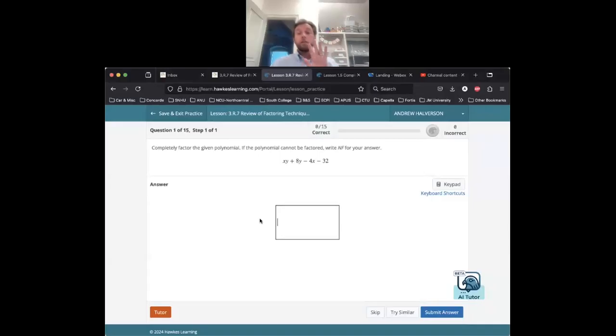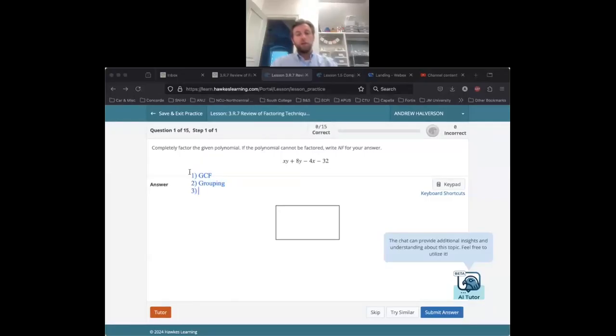When you think factoring, you should be thinking GCF, greatest common factor, grouping method, trinomials, difference of two squares. Those are your four methods. Let me write that down: GCF factoring, grouping, trinomials, and then difference of two squares.